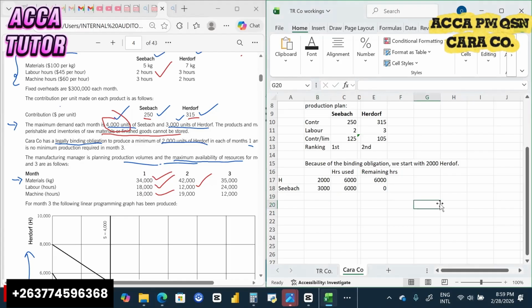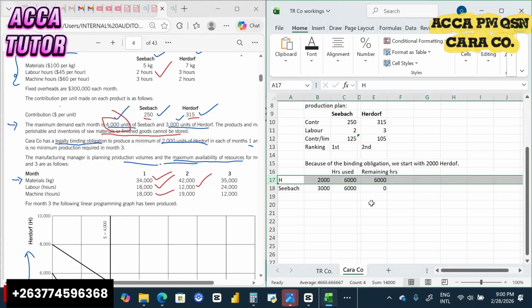But was that stage necessary? Yes, it was necessary for us to see if there are any remainders. For the purpose of this multiple choice question, the moment you see that the C batch, the 4,000 here, the demand, was going to exhaust all the remaining hours and leave out some extra hours missing, then you would only be able to detect that for the head offs alone, we're only going to produce 2,000 and not anything more.